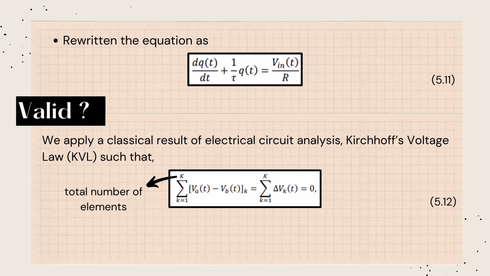Next, validation. We apply a classical result of electrical circuit analysis, KVL, to show equation 5.11 is a correct model. In symbolic terms, the KVL looks like equation 5.12. K in this equation means the total number of elements.